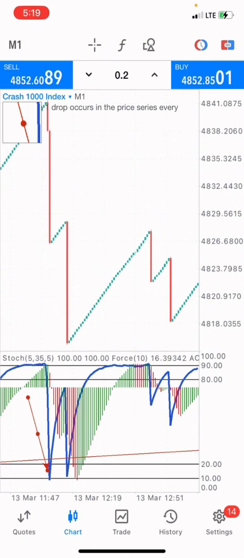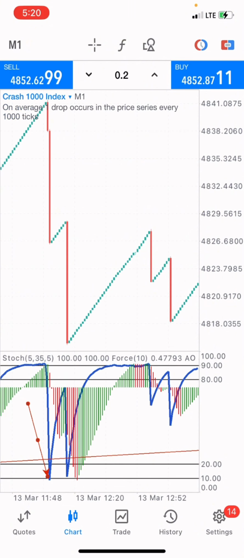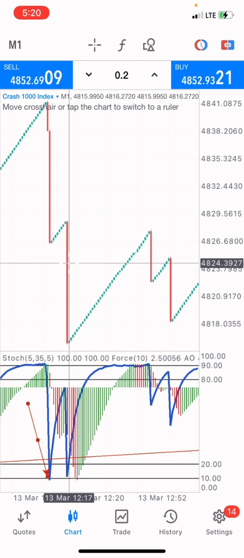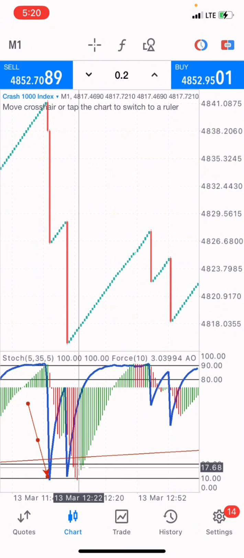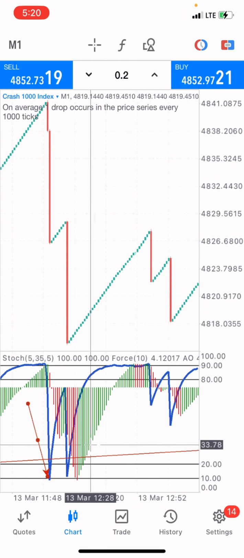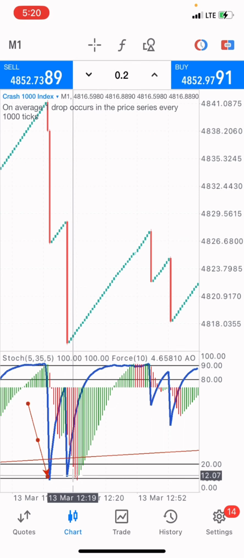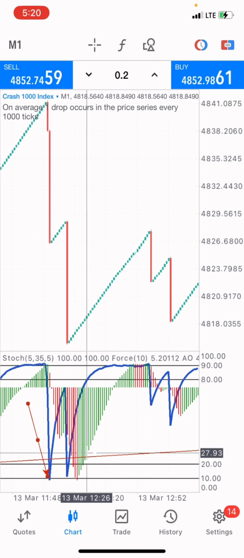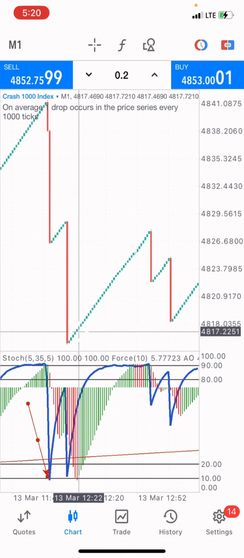Whenever it touches that level and starts going back up from there, you also want to see the Awesome Oscillator value up and value down bars at the levels 20 and 10 this time, no longer 90 and 80. When they get to that level and start pushing back up again, that's where you find your entry.